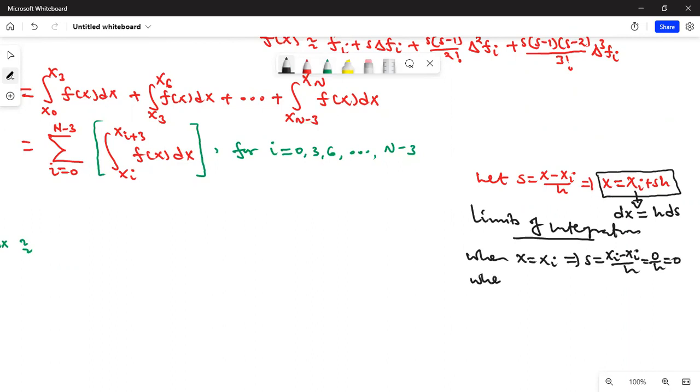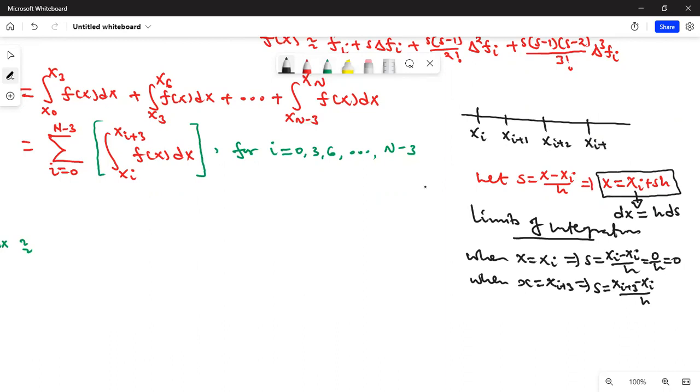And when x is equal to xi plus 3, it means that our s will be xi plus 3 minus xi over h. Remember, if I have this, let's say xi is here, then followed by xi plus 1, then xi plus 2, then xi plus 3.